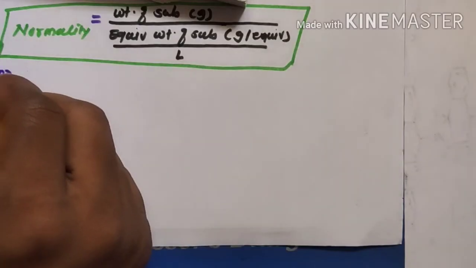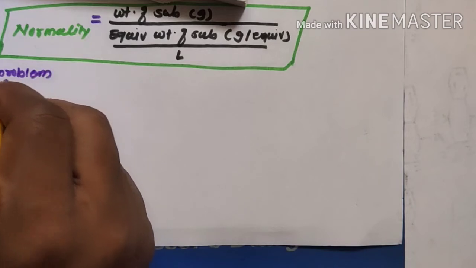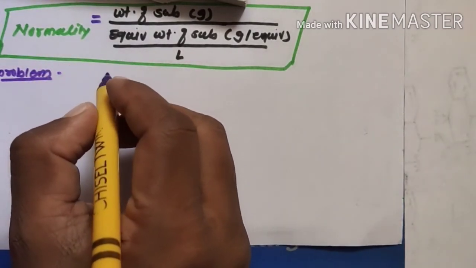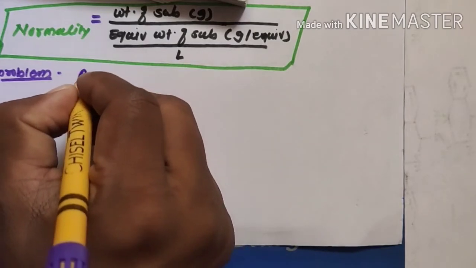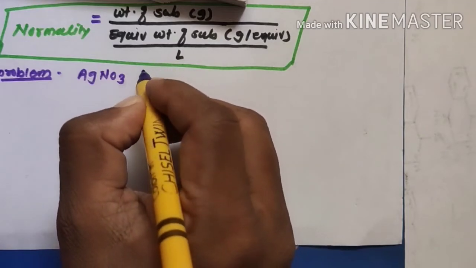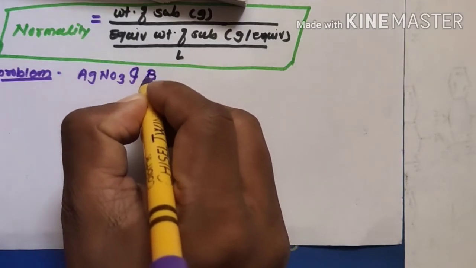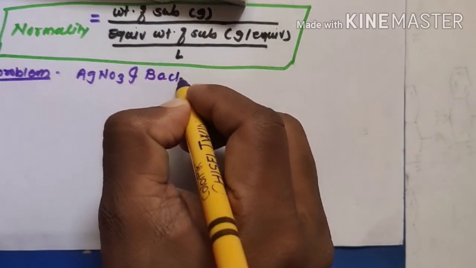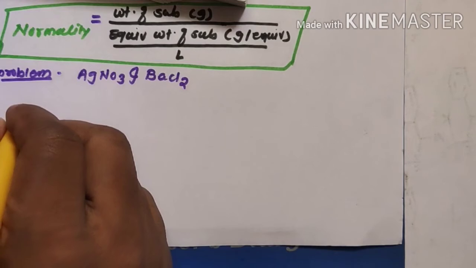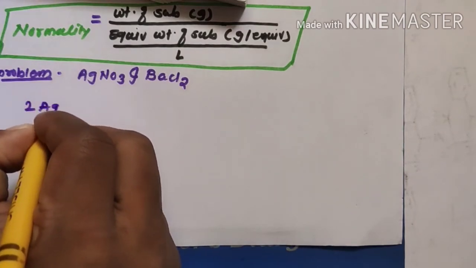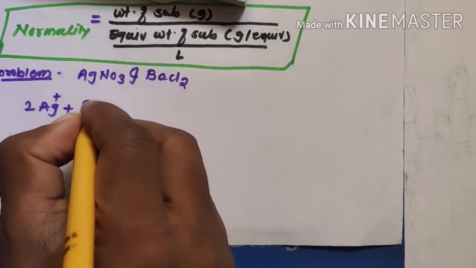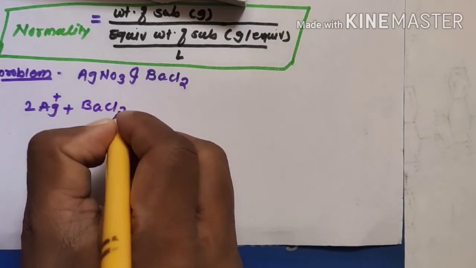This problem is for calculation of equivalent weight. Calculate the equivalent weight of AgNO3 and BaCl2 in the reaction of 2Ag plus ion plus BaCl2.